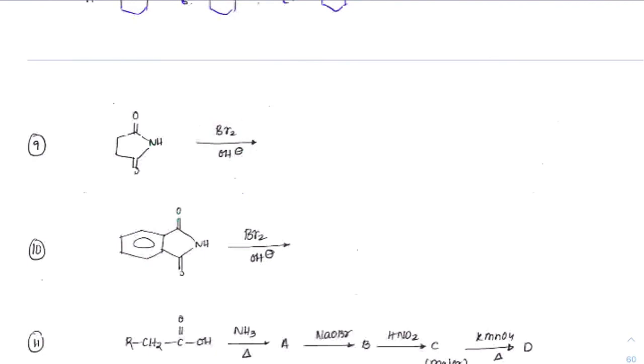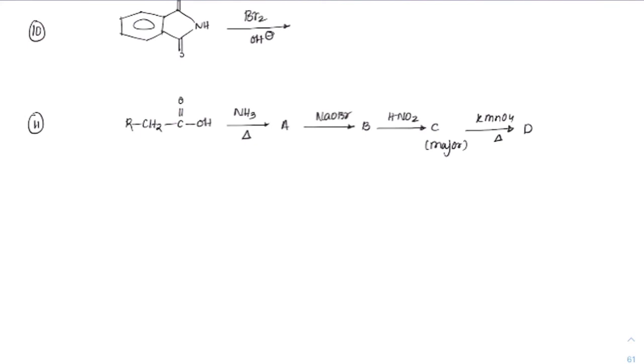Next, here we just discussed this already. These two cases we just discussed. Check out the 11th here. What do we get? First, A would be RCH2-C(=O)-NH2, amide formation. Heat is given now, so you don't end up at the salt. You will go up to the amide. Then Hofmann bromamide degradation, so we'll get RCH2NH2.